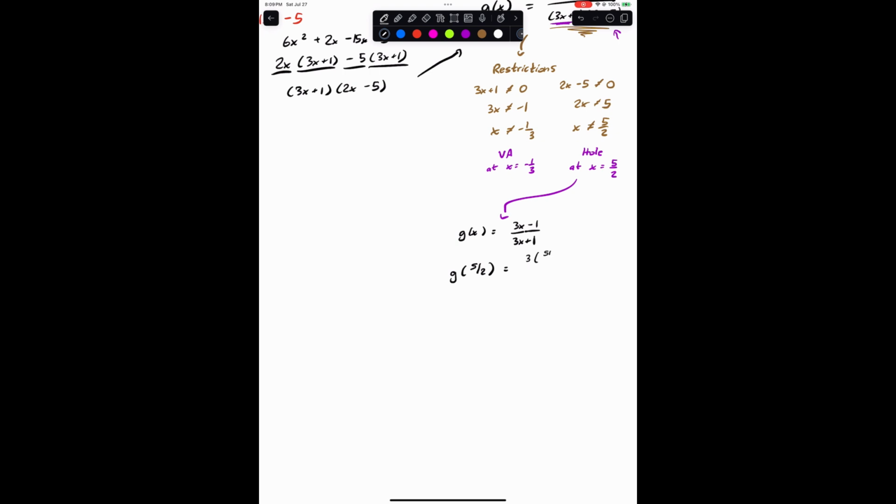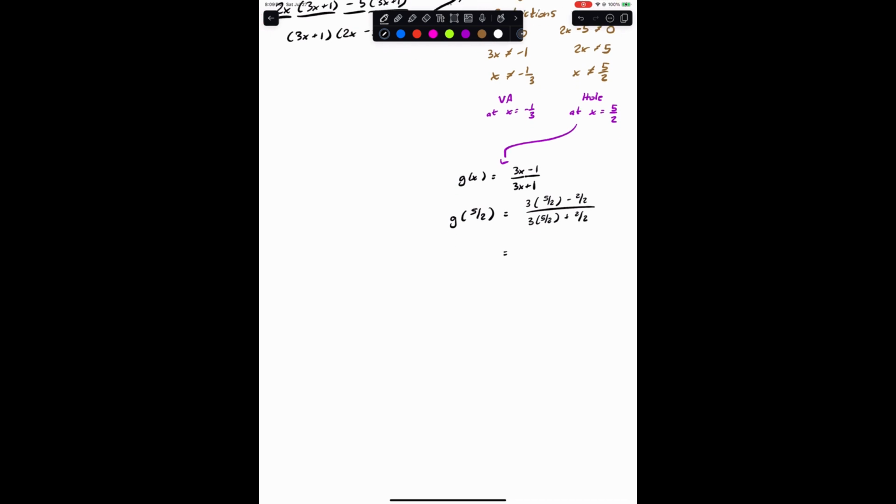So we get 3 times 5 halves minus, I'll do 2 over 2, and 3 times 5 halves plus 2 over 2. This is 15 halves plus 2 over 2 over 15 halves plus, oh wait, sorry, it's a minus on top, isn't it? Yeah. Plus 2 over 2 on bottom.